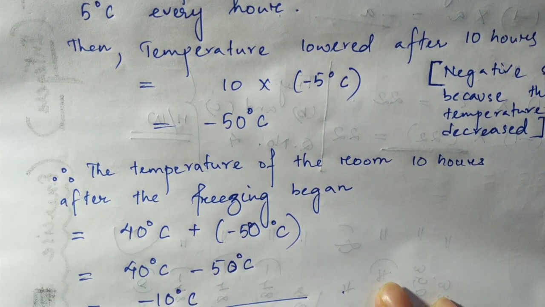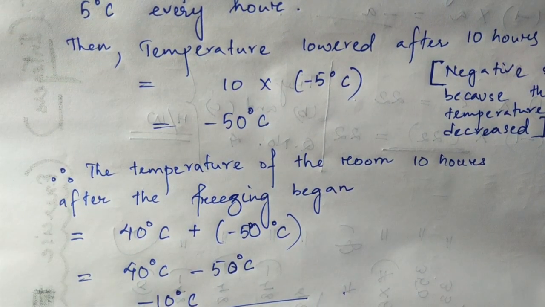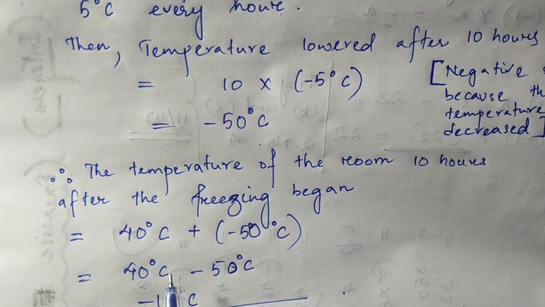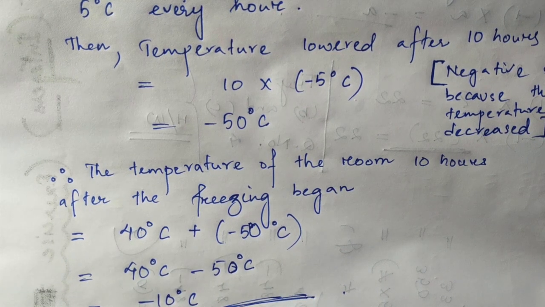The present temperature was 40 degrees, and after it is lowered at a rate of 5 degrees every hour, the temperature of the room will change to minus 10 degrees Celsius. That will be the temperature after 10 hours. Thank you everyone. Hope you have understood it well.